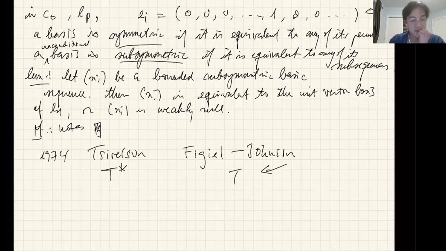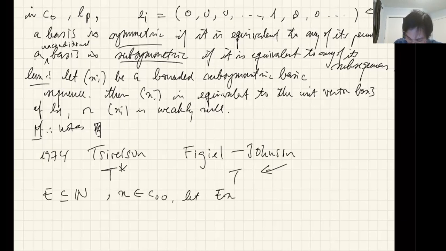To construct T, we need this definition. For E a subset of the naturals and x in c0, let Ex be defined as follows. Let's make an example.